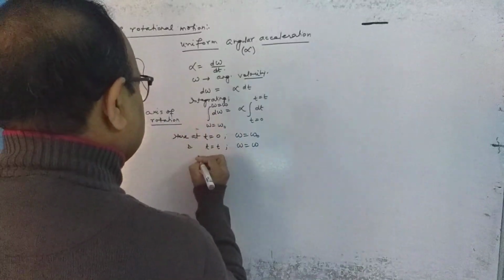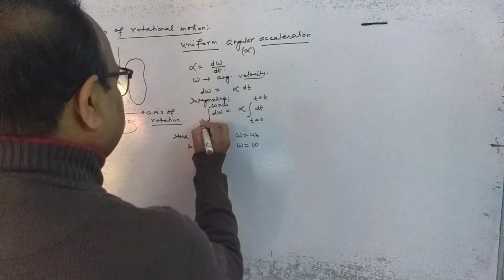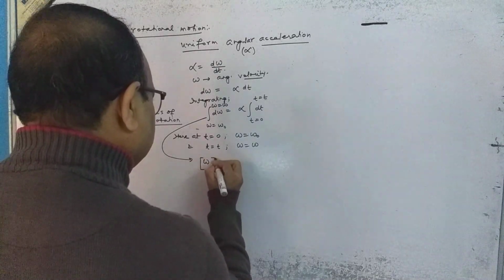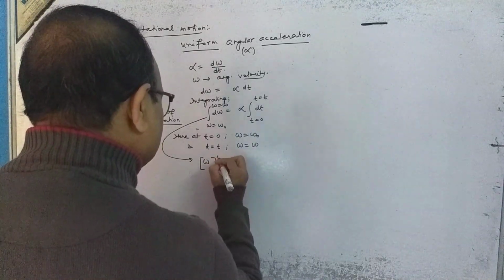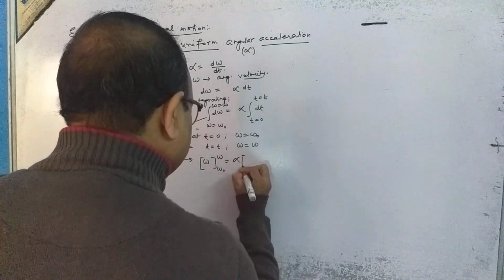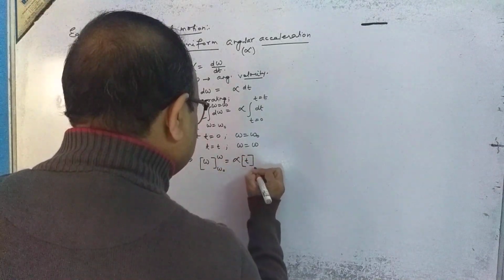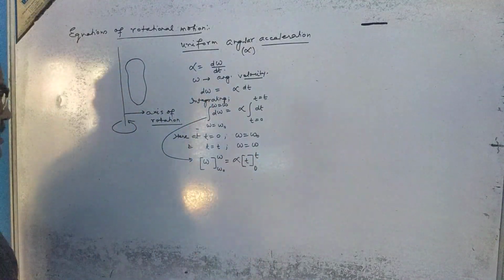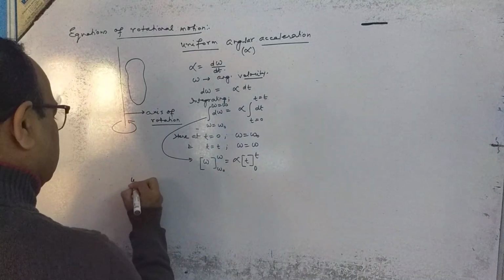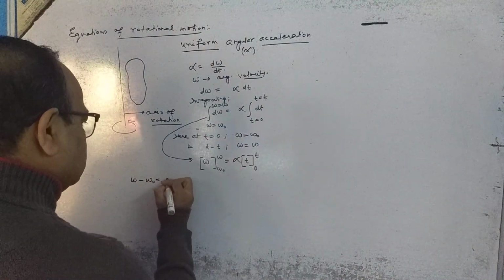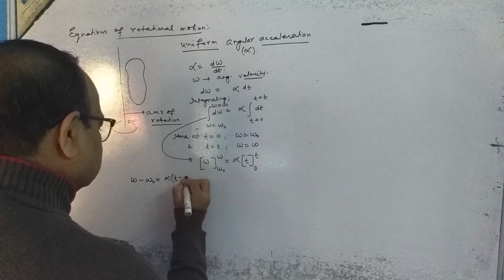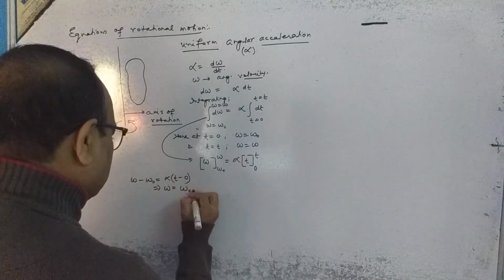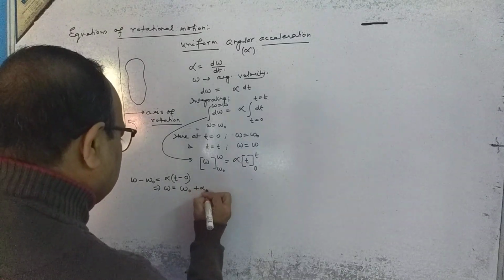So on integrating, what shall we get? The integral of d omega from omega naught to omega. Alpha is a constant quantity, and t goes from 0 to t. That means omega minus omega naught equals alpha t minus 0, which implies omega is equal to omega naught plus alpha t.